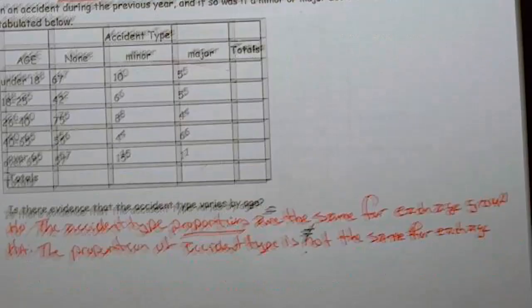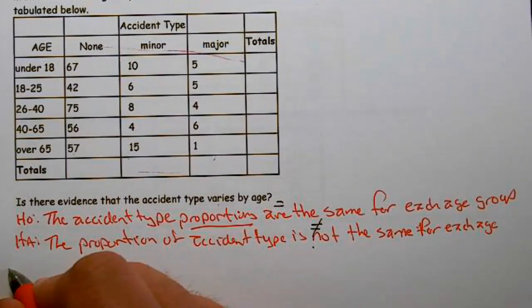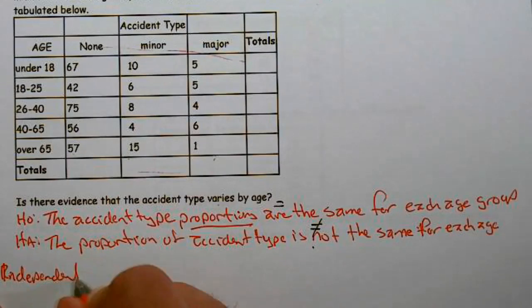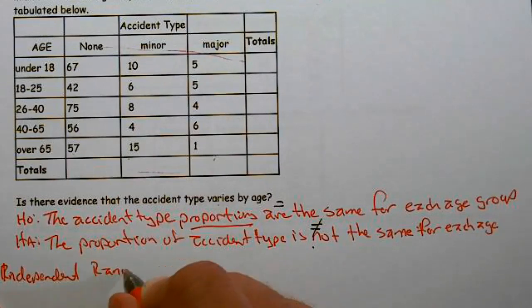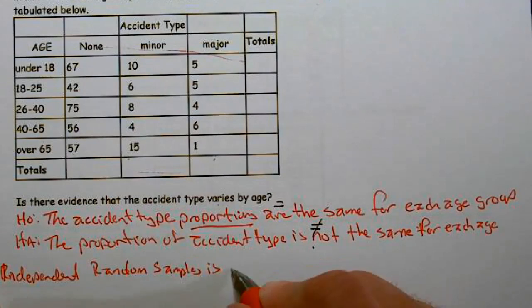So the next thing we need to move on to is we're going to look at this and go, what are our conditions? The first condition is independent random samples. And they didn't tell us, so that is not given.